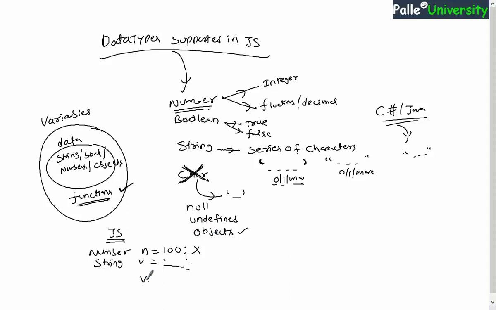You must declare a variable either by using the var keyword or without using the var keyword. Believe you understood. So variable declaration is allowed either by using the var keyword or without using the var keyword, but you are not allowed to use actual data types, right? So these are all the restrictions in JavaScript. I believe you understood. You must remember all these things. Believe you understood the point.